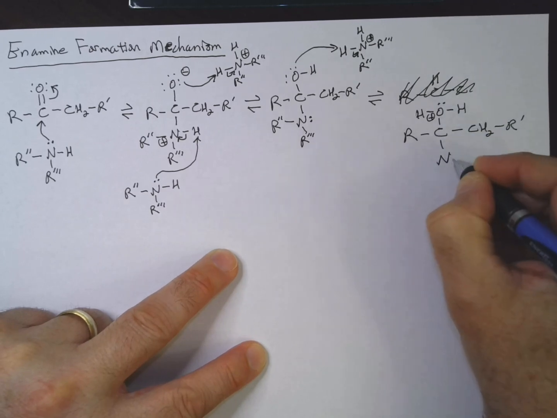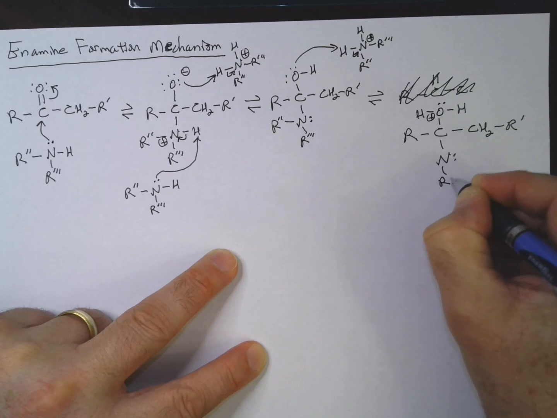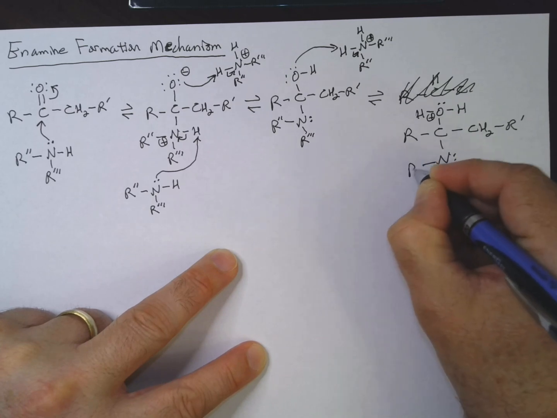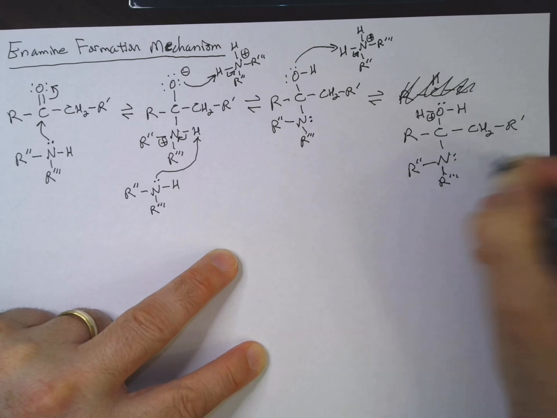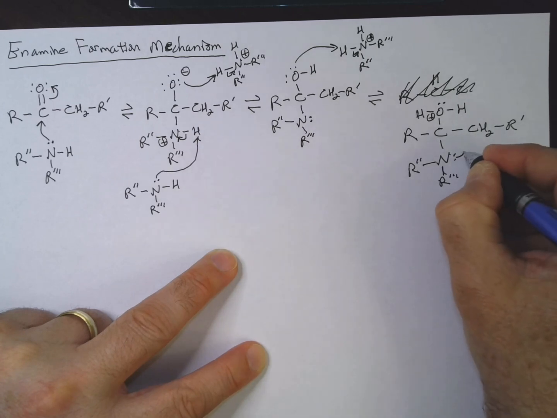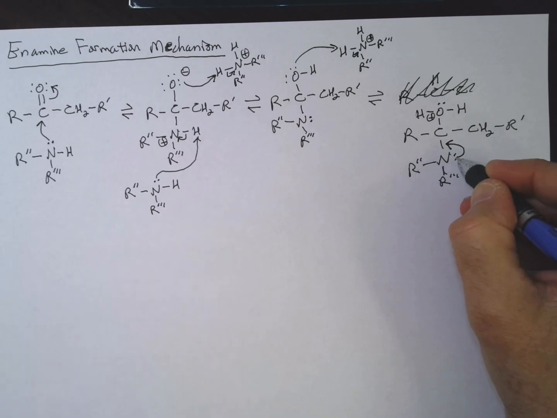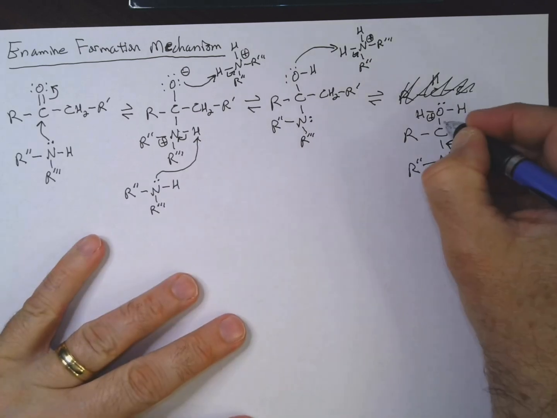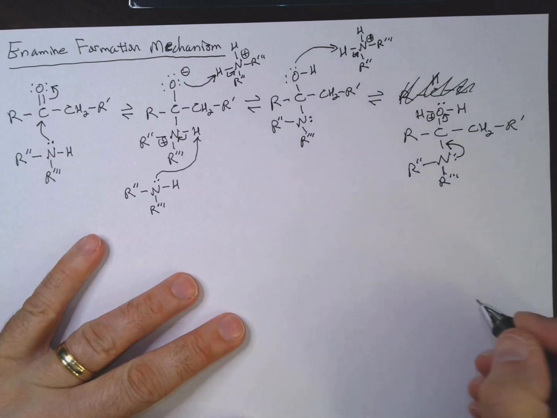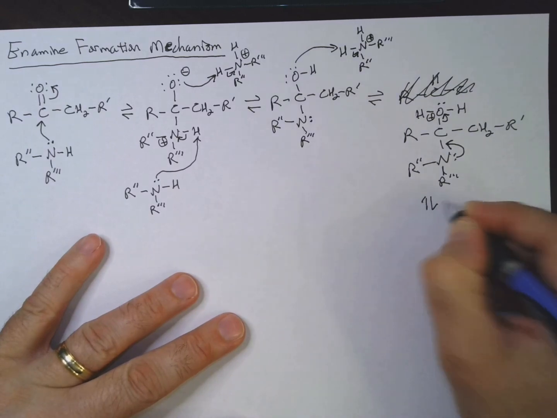And then here we have N, lone pair, R triple prime, R double prime. And now we will have loss of leaving group. Again, it's the driving force of the electrons on the nitrogen that are going to help kick off the water, the H2O leaving group.